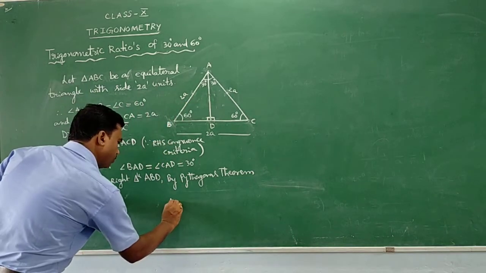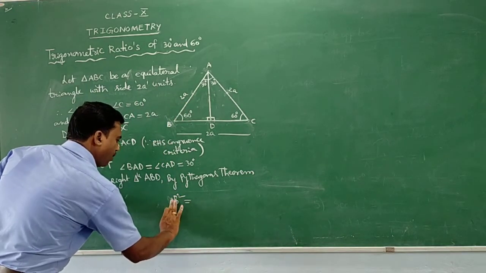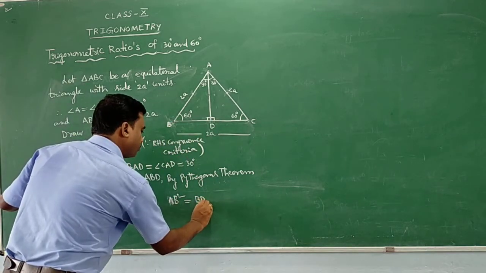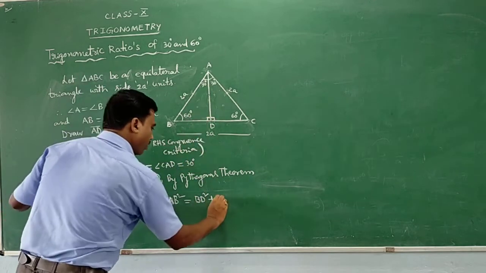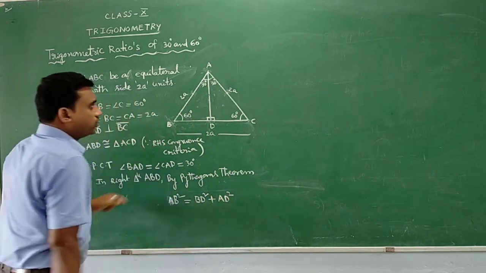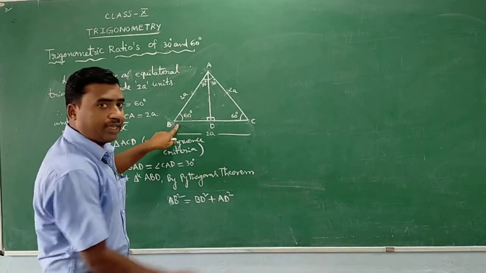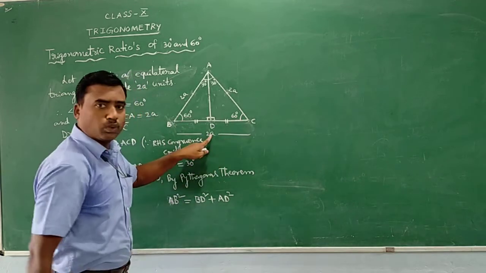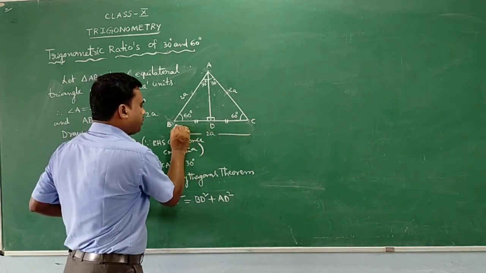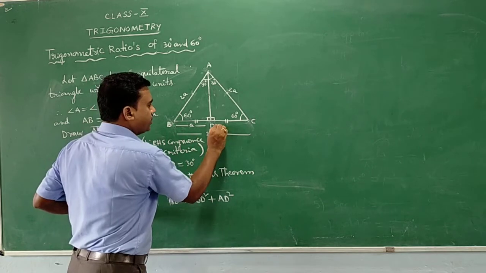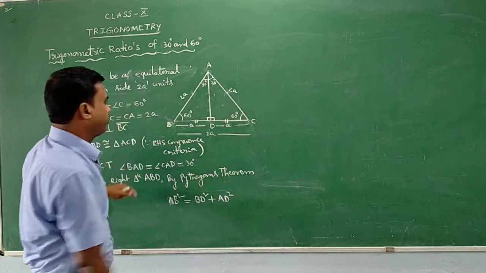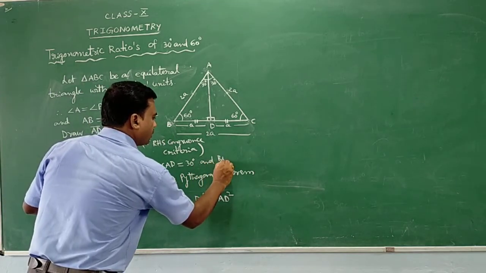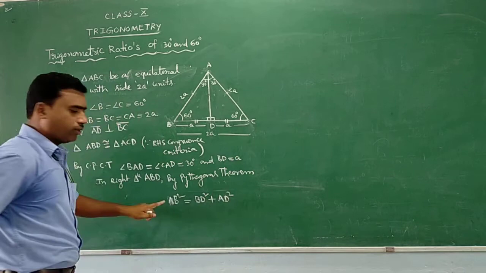By CPCT, BD is equal to CD. BC is equal to 2a, so BD is equal to a and CD is equal to a.